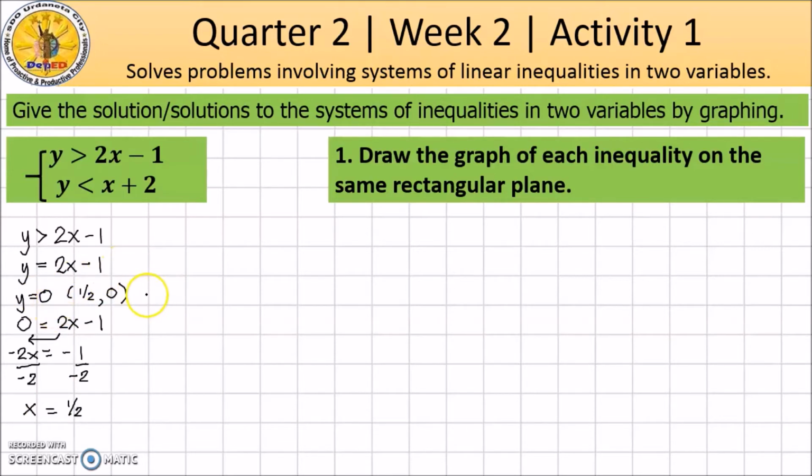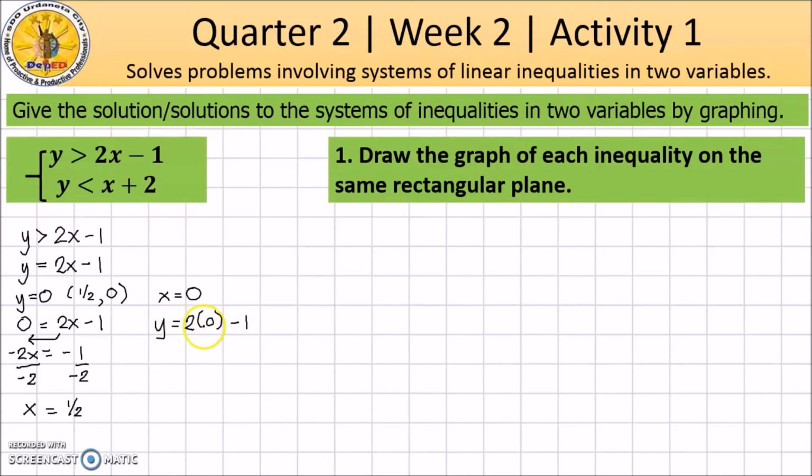Next, we need to solve for the y-intercept of the first inequality. So we will let x be equal to 0. Now, we substitute the variable x in this equation by 0. So we have y is equal to 2 times 0 minus 1.